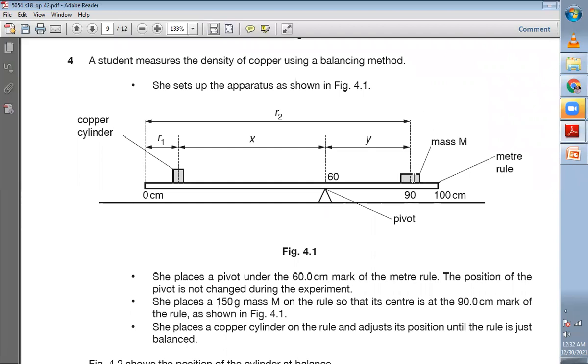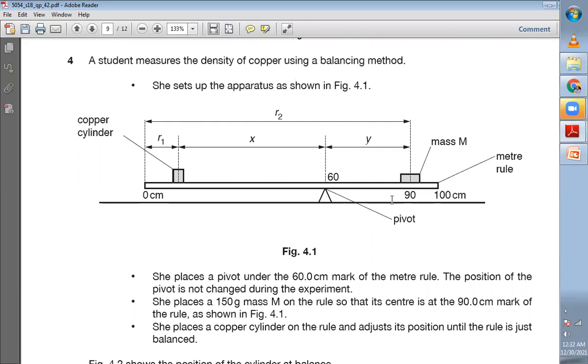Here is a mass M. Here is a copper cylinder, and we don't know how much is its distance from this end. And once I know this R1, I will be able to tell what's this distance from the pivot.